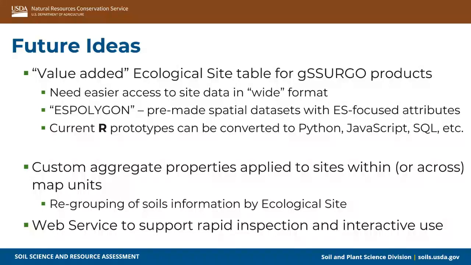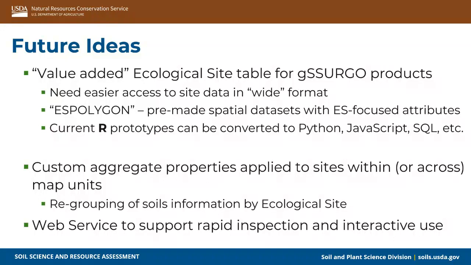And then another thing that takes this a step further, and I think really directly feeds into what the site concepts are, is keeping this type of aggregation in mind when you're actually developing aggregate numeric property ranges for sites. Essentially, performing, say, weighted average aggregation of just the components assigned to one particular site within a map unit, instead of a weighted average over all things in the map unit, and then using that to develop your models or ranges.